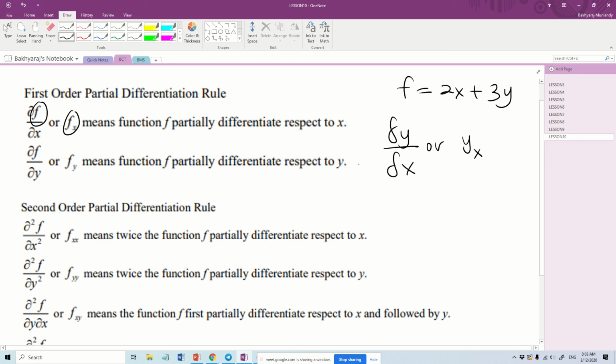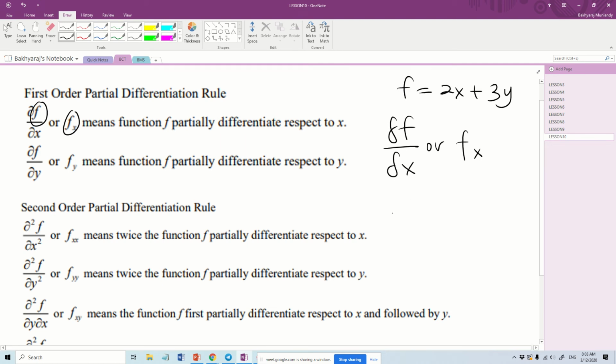But now our case is we want to differentiate with respect to x, so you must use function f divided by function x. So delta f over delta x, or you can have f_x. That is what we mean. This is what we call first order.